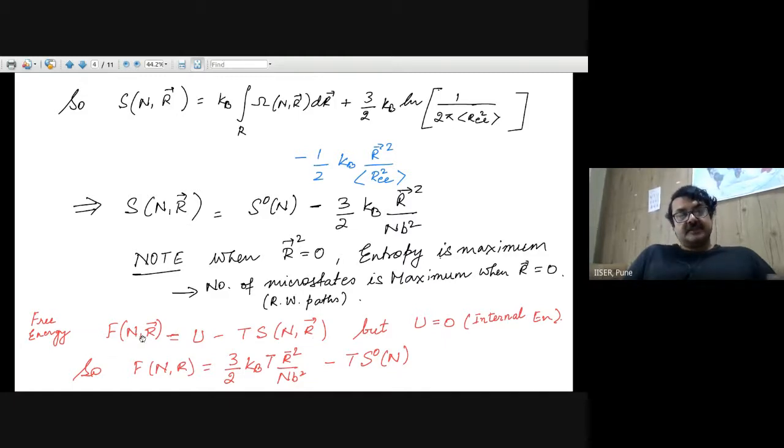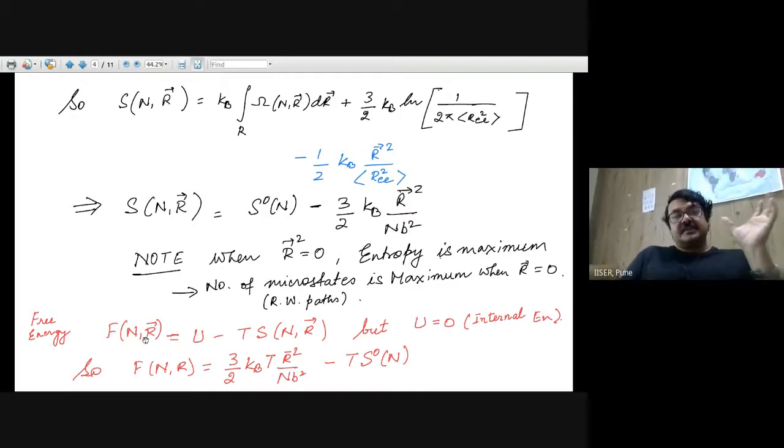So this is the free energy with a constraint. So there's a constraint free energy. You have put that, okay, this is what my end-to-end distance is going to be, right? But U is equal to 0, the internal energy is equal to 0.